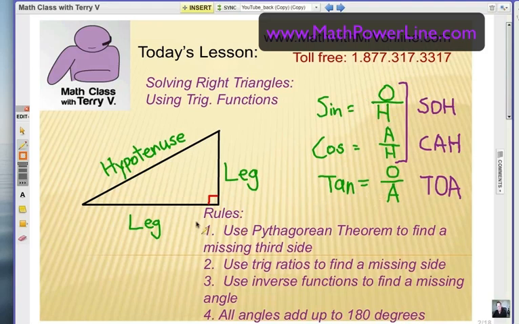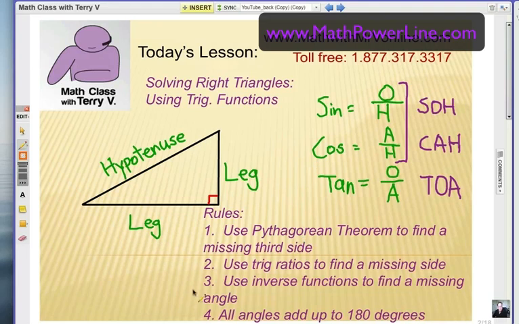Now there's some rules or tips that I want to remind you of, and that is to solve right triangles. Here are some of the easiest things you can do first. Number one, use Pythagorean theorem if you know two of the three sides. So if you're looking for one of the missing sides, use Pythagorean theorem. Number two, use the trig ratios that I have listed up above here to find a missing side.